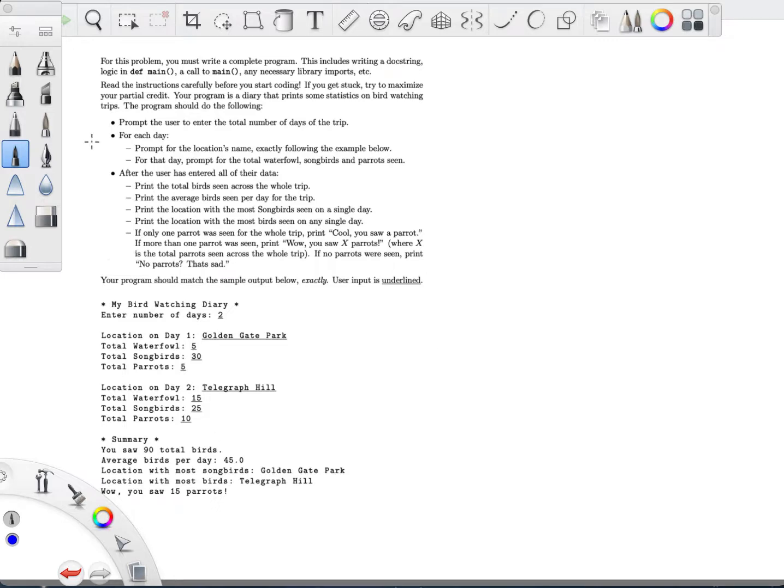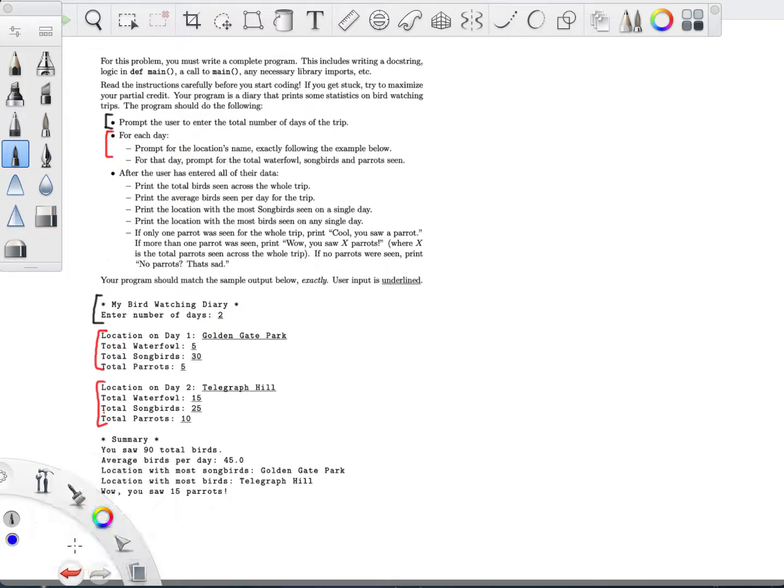Okay, so I think of this problem as being broken down into three parts. The part that produces this, which is basically just that bullet. The part that produces these, which is basically the loop that does for each day.